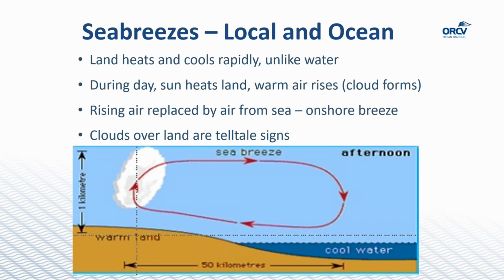Now, as the system continues, the cloud area moves further and further inland and over the water. The vertically descending air, because it's coming down, warms as it comes down, and any water vapor in the cloud evaporates.